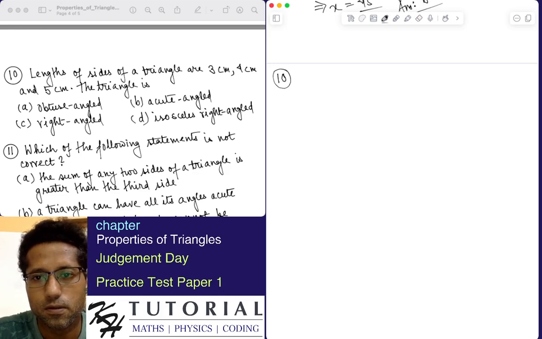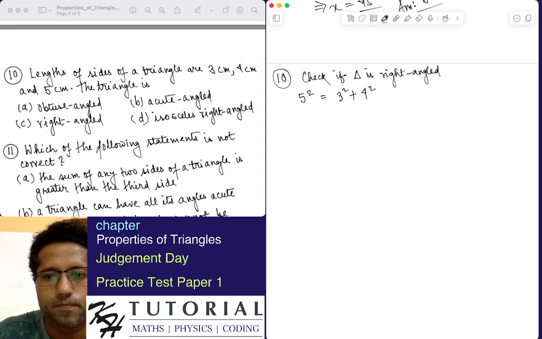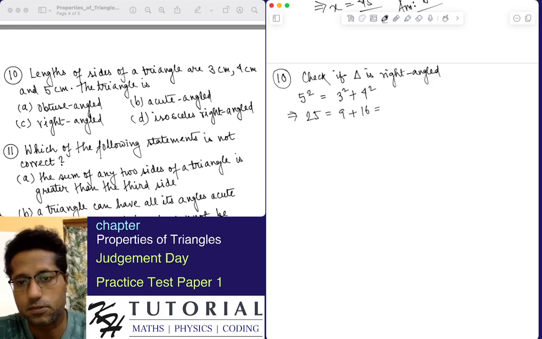Check if the triangle is right angled. 5 square should be equal to 3 square plus 4 square. This implies 25 is equal to 9 plus 16, which is 25.